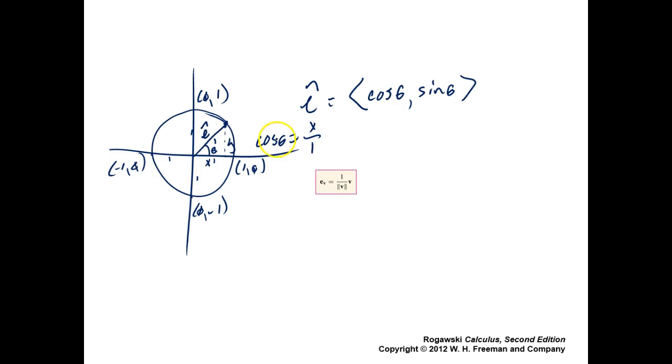So therefore, cosine of theta is x. That's the x component of your unit vector. Same thing with y. Sine of theta is equal to y over 1, opposite over hypotenuse, which is 1. So that's just going to be y. So this is your x, that's your y. There is your unit vector E, cosine theta, sine theta.